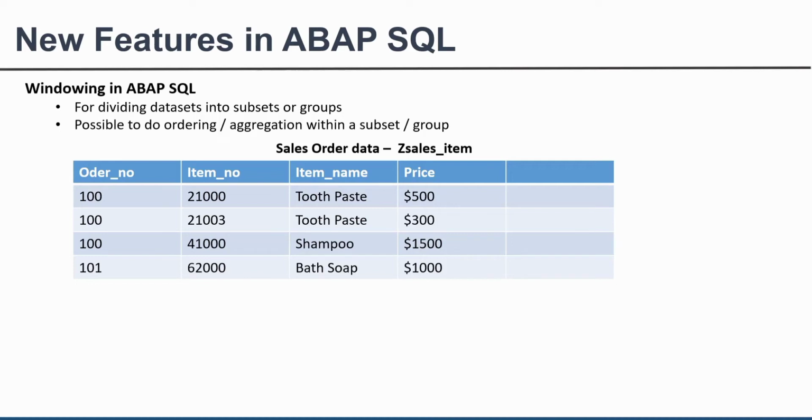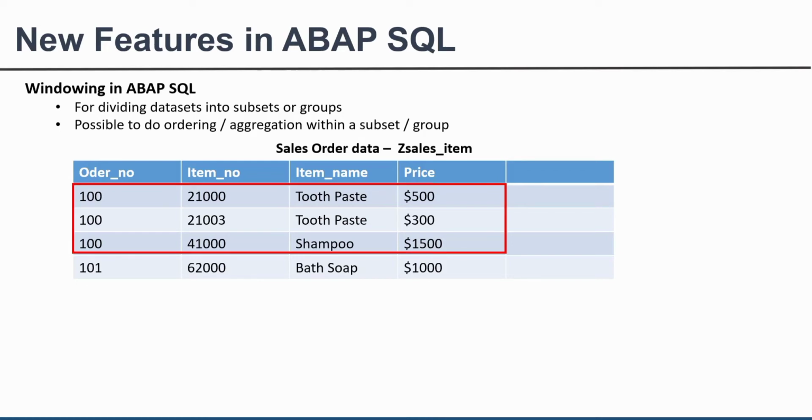In that case, you can create 2 windows, one window for order number 100, another window for order number 101.